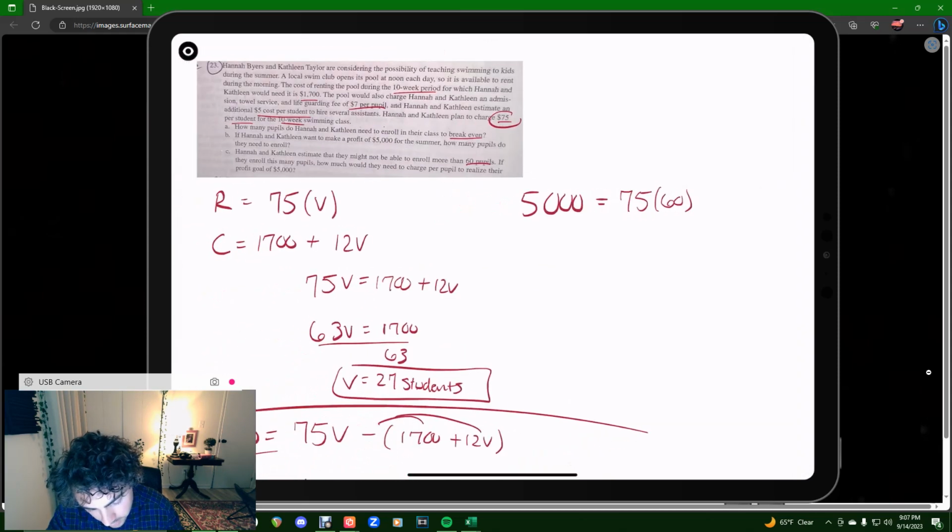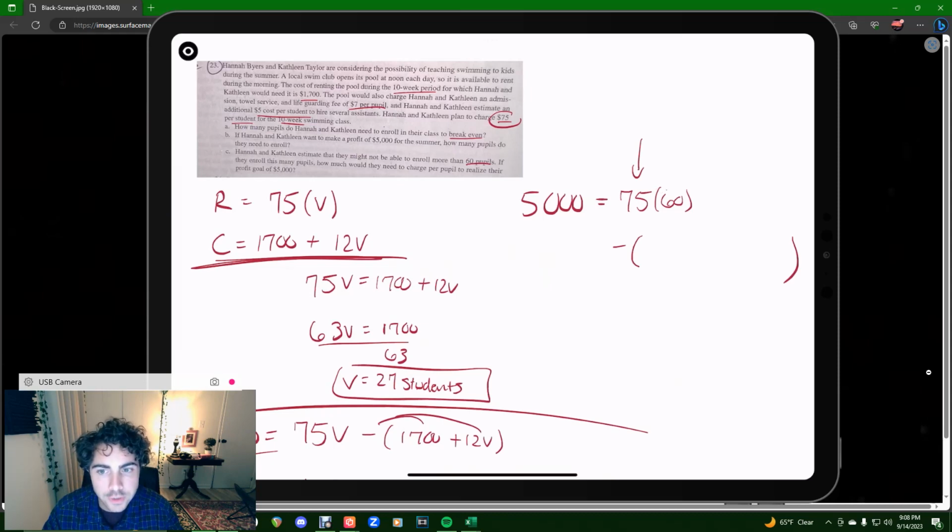Let me make sure I have this right. Oh, I'm so sorry, I got ahead of myself. The cost is actually going to stay the same. The price is what's changing. They're asking what they should charge per pupil to realize this goal.